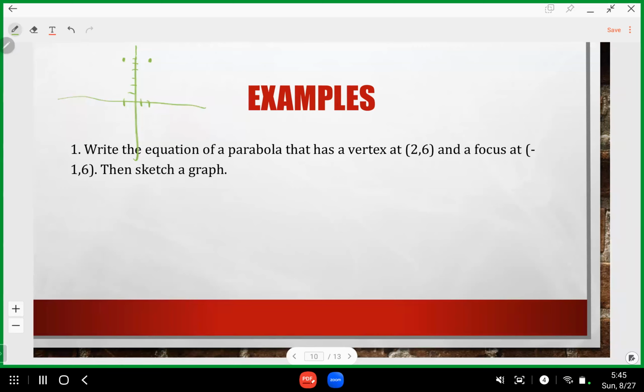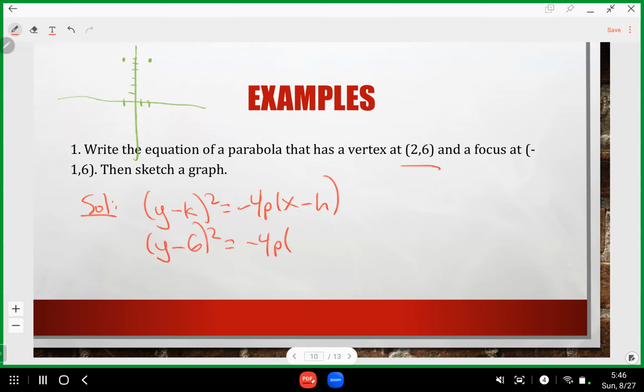We do know our equation for when it opens left. When a parabola opens left, it's going to have the equation (y minus k) squared equal to -4p times (x minus h). Brendan, the vertex is (2, 6), so we plug in 6 for k.